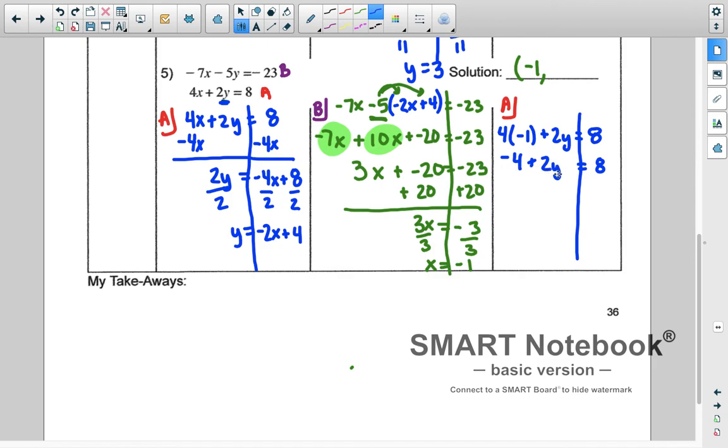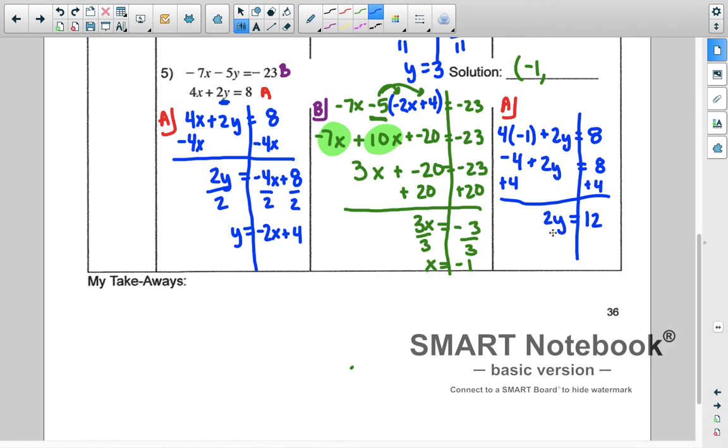Okay, and this is our nice cozy two-step equation. So y is with the 2. Those are besties, so we keep them together. We get rid of this negative 4, so we're going to add 4. And if we do it on one side, do it on the other side. And we end up with 2y equals 8 plus 4 is 12.